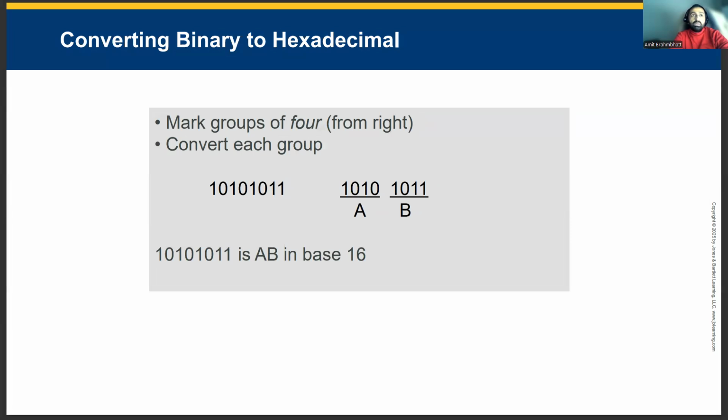Now moving forward, converting binary to hexadecimal by grouping bits into sets of 4 starting from the right. Each group of 4 bits maps directly to a hexadecimal digit. The example converts the binary number 10101011 into hexadecimal AB.